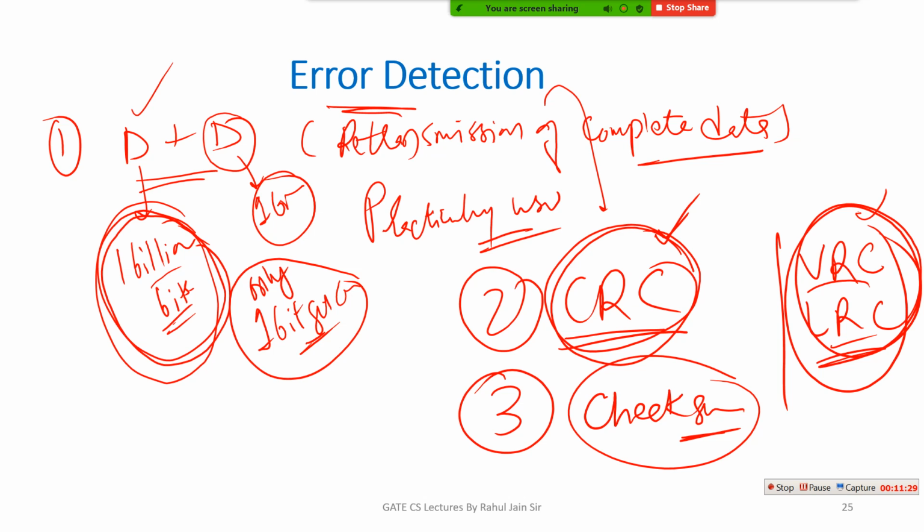All other concepts I will discuss with you, but for VRC and LRC I will send the screenshots of the theory, or I will share the PDF with the GATEFORUM admin, and they will share that material with you. Because we are focusing completely on GATE, VRC and LRC are subjective topics. Our focus is to get marks in the GATE exam, how to get maximum marks in GATE.